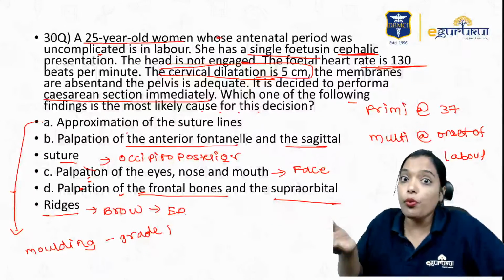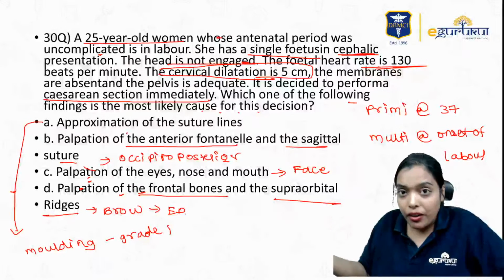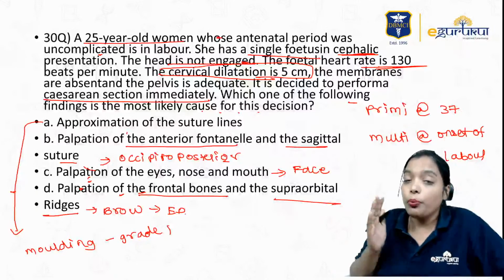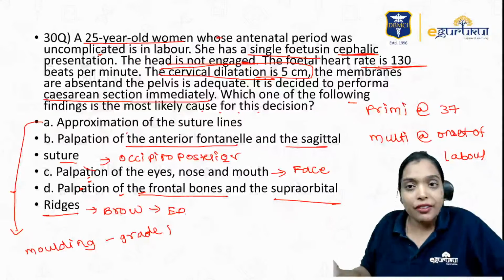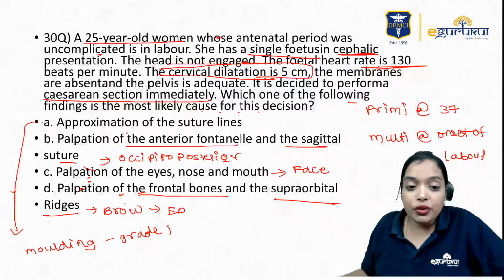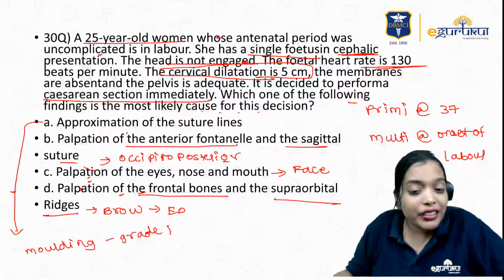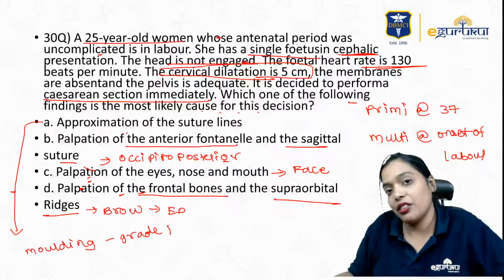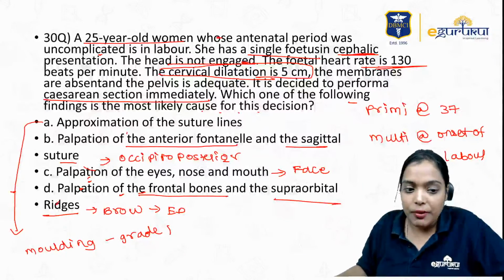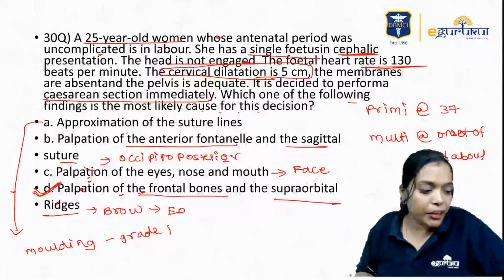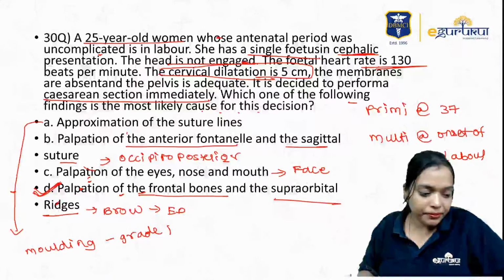So it is brow move 14th Feb. So brow, mento-vertical, 14 centimeters. So brow can never come out of the cervix or the pelvic cavity. So that is why here, although she is 5 centimeters dilated, you are taking a sudden decision to do cesarean section because you have palpated brow. So the answer here will be D, right?